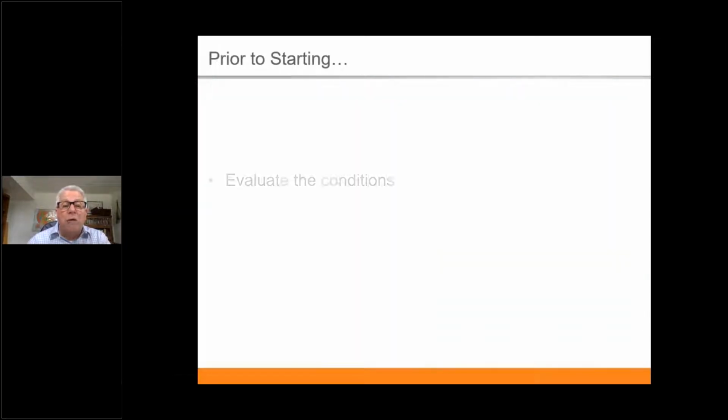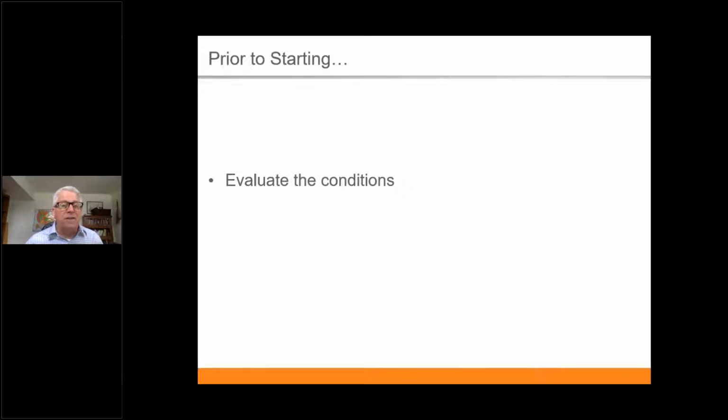So prior to starting, you need to evaluate the conditions, and we're going to go through quite a few conditions that should be in your requirements if you're specifying or building these that you should be looking at. So let's look at that. And it's very interesting to know that you might get away with taking a shortcut on interiors, but exteriors, there's no such thing as a small failure, and there's no such thing as a shortcut.